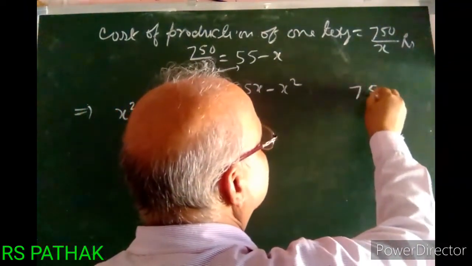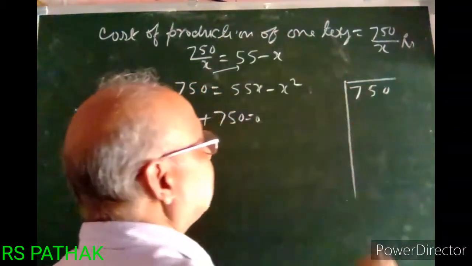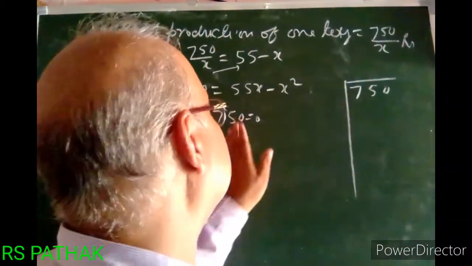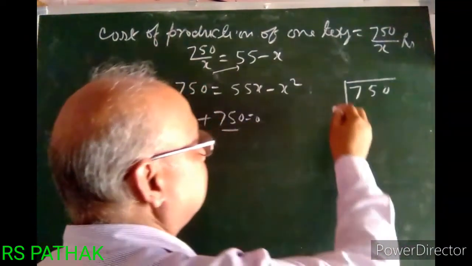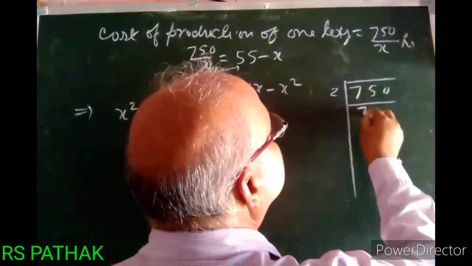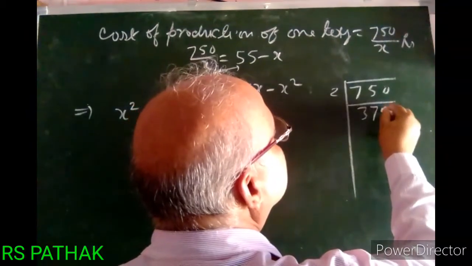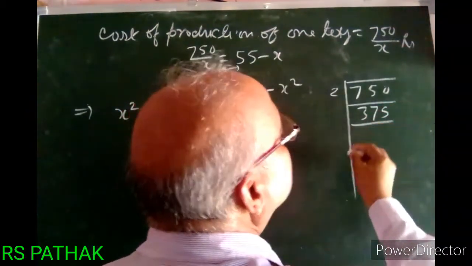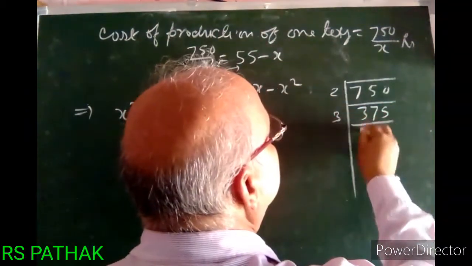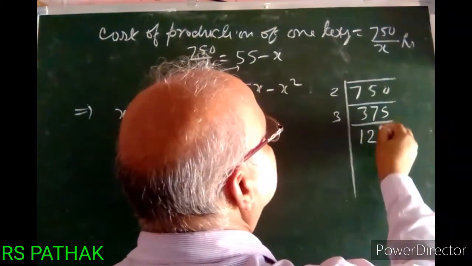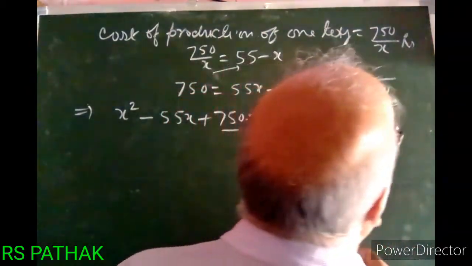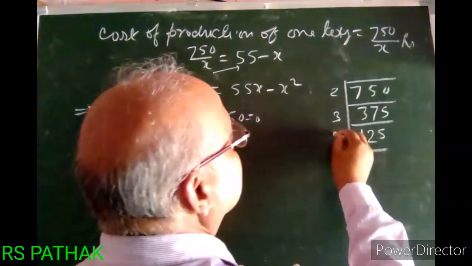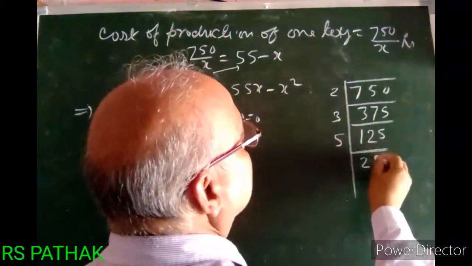For this, 750, the last term, will be factorized. First of all, by 2: 2 3s are 6, 2 7s are 14, 2 5s are 10. By 3: 3 1s are 3, 3 2s are 6, 3 5s are 15. By 5: 5 2s are 10, 5 5s are 25.